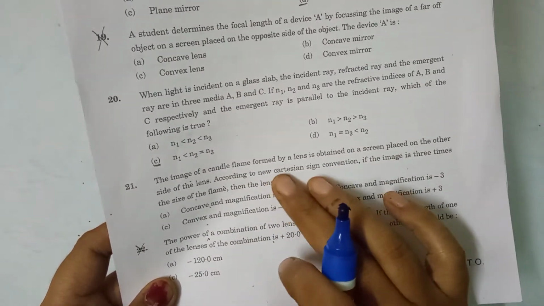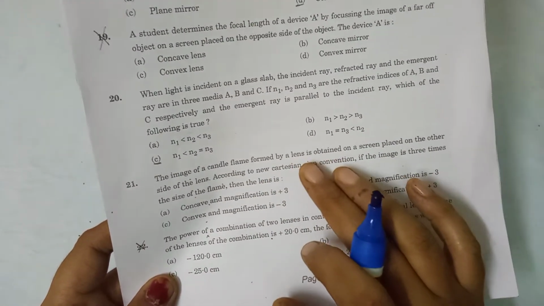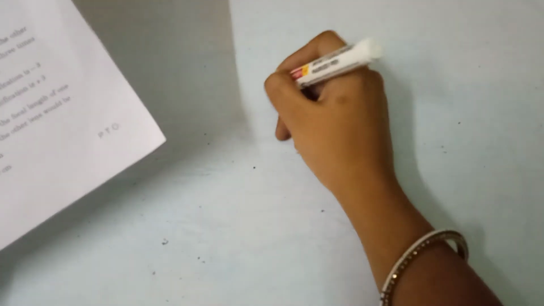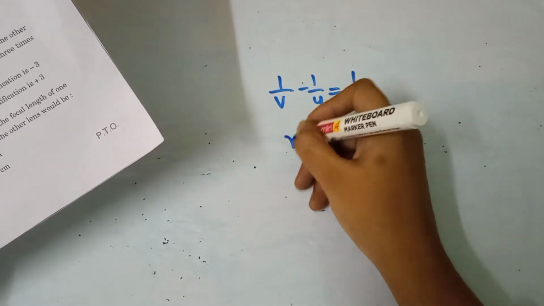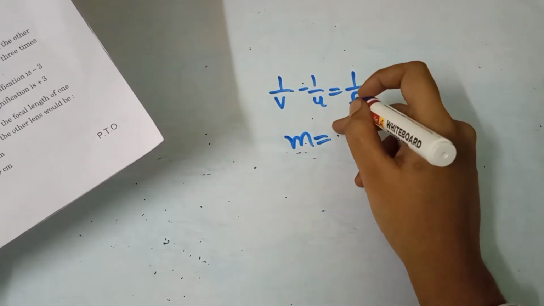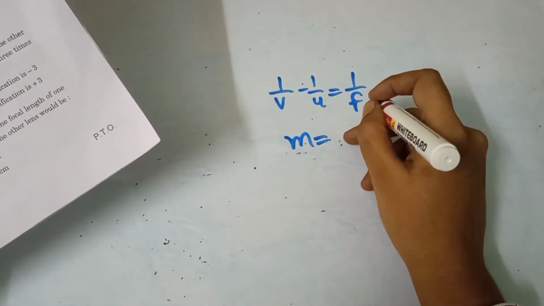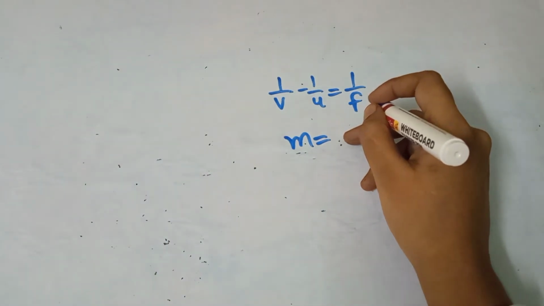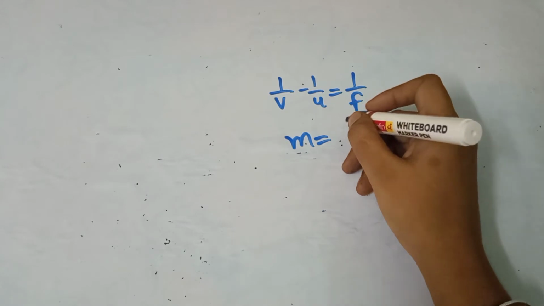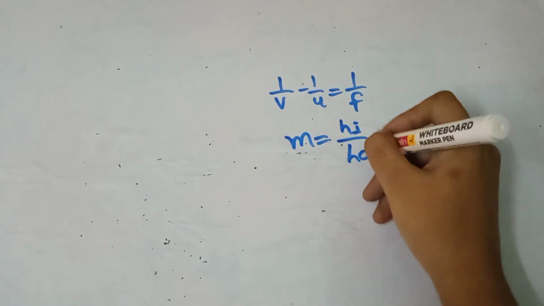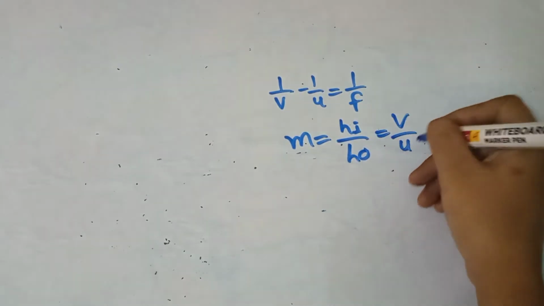In the question they mention that it is a lens, so we'll use the lens formula, 1 by V minus 1 by U is equal to 1 by F. Magnification is equal to HI by HO and is equal to V by U.